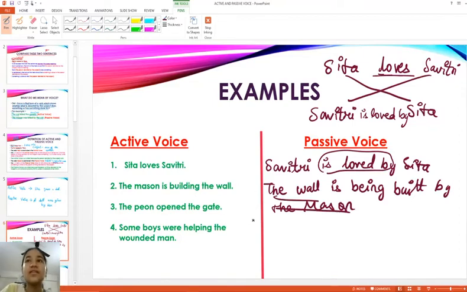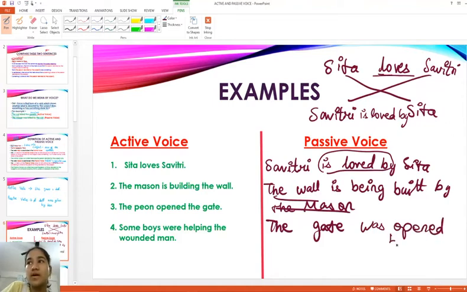Okay, the peon opened the gate. The gate was opened by the peon. Some boys were helping the wounded man.